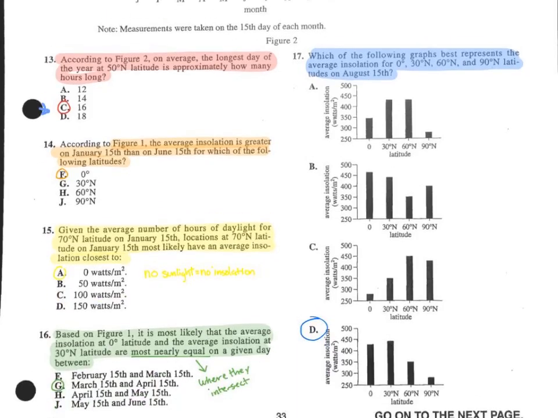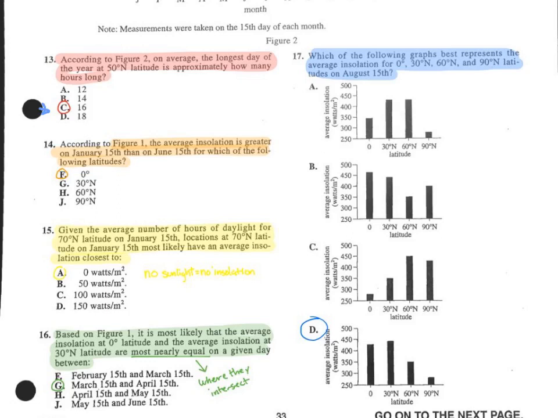15, given the average number of hours of daylight for 70 degrees north latitude on January 15th, locations at 70 degrees north latitude on January 15th most likely have the average insolation closest to what? So for number 15, you're going to have to look at both pictures here.